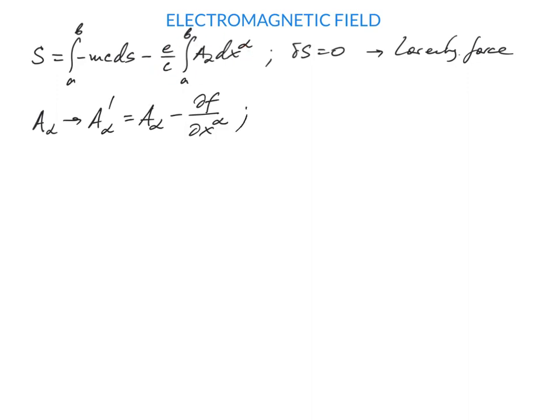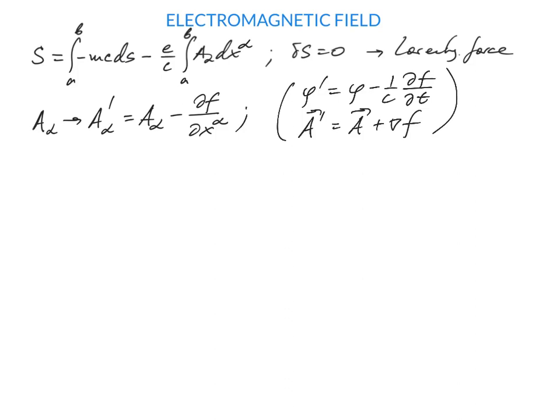Now, if we write it in components, we'll see that this four-gradient corresponds to subtracting the time derivative of the function f from the scalar potential and adding the gradient of f to the vector potential.